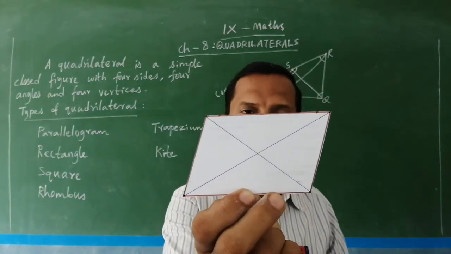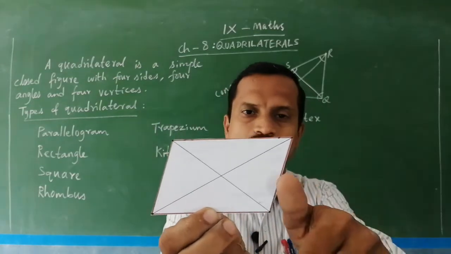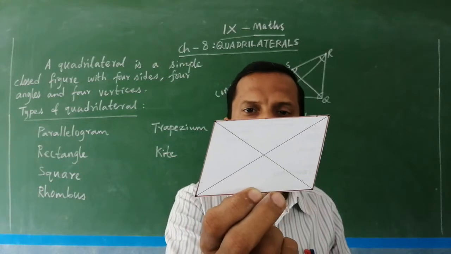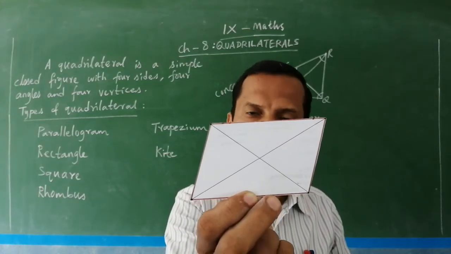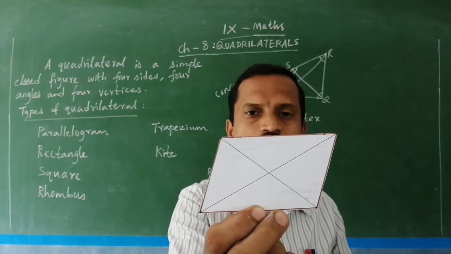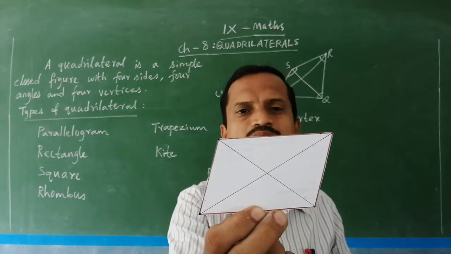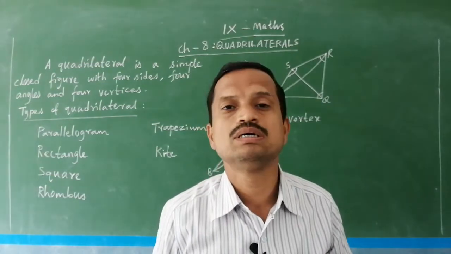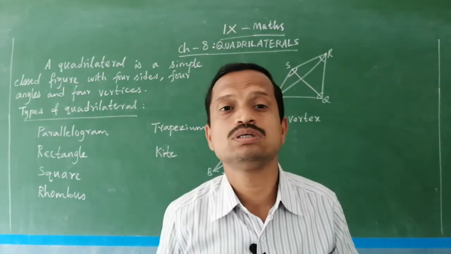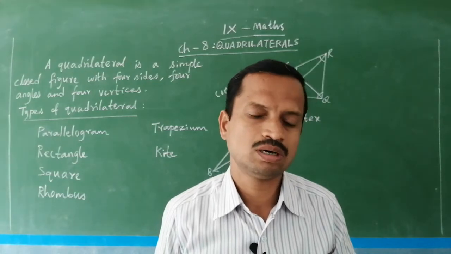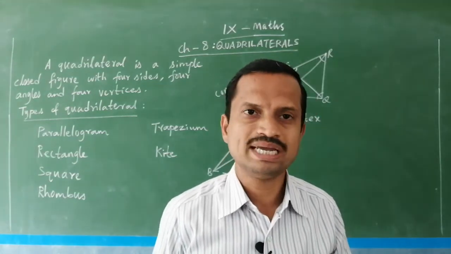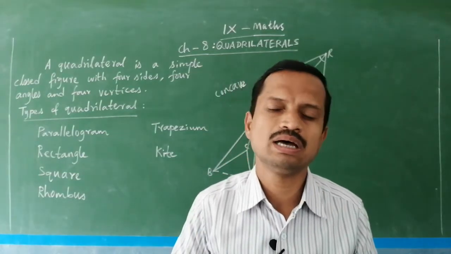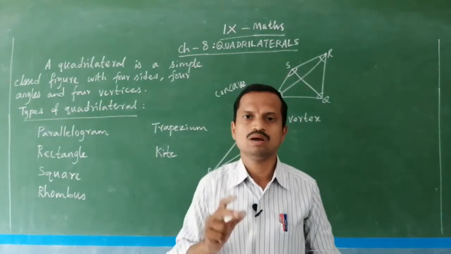It is tilted like this, see here. So this is called parallelogram. Here diagonals are not equal in length, and what about angles? The property of a quadrilateral means about sides, angles and diagonals. Clear? So this gives the property of any quadrilateral.